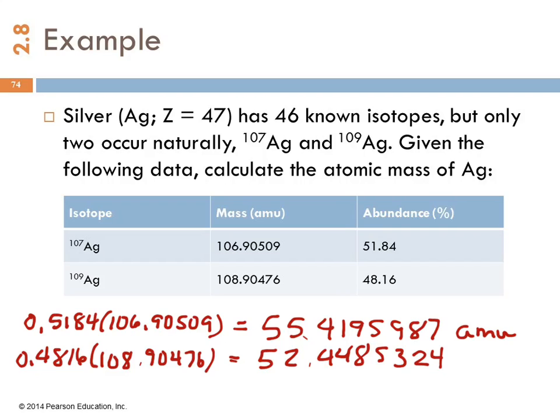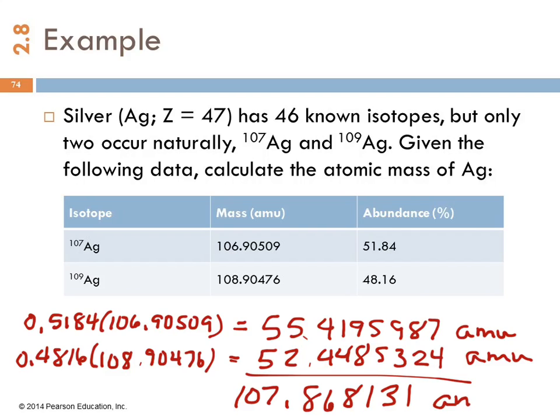It's just everything my calculator coughed up. And then we add those two together. I should have been thinking ahead, but I was not. At 107.868131 atomic mass units. Sig figs.